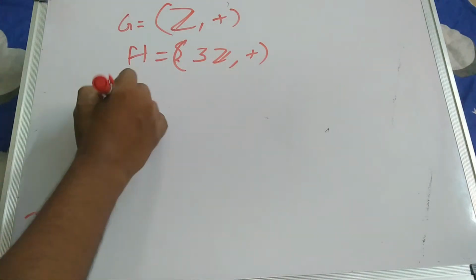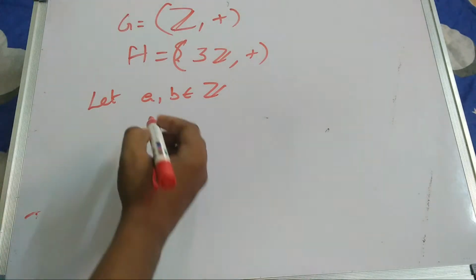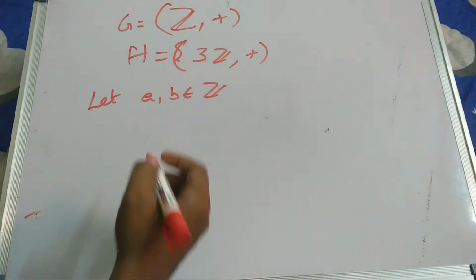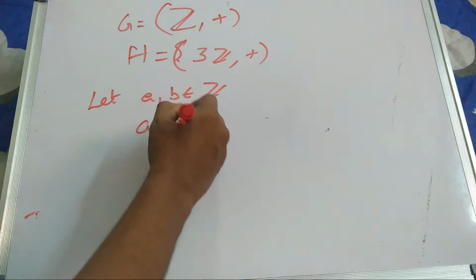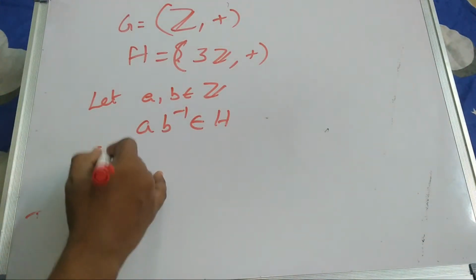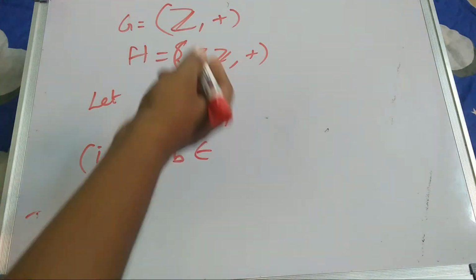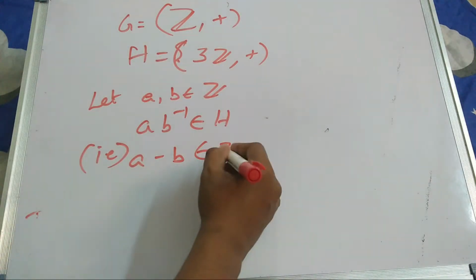So let a comma b belong to Z. How did we define it? A b inverse must belong to H. Here what it means is, since this is addition, inverse of b is going to be minus b. A minus b must belong to, what is our H? 3Z.